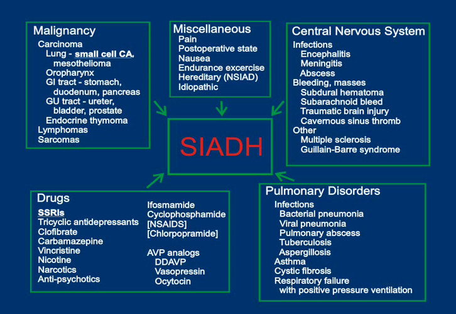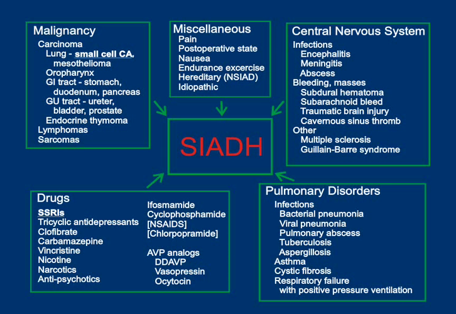Ecstasy, which is a profound serotonin agonist, will also increase vasopressin. Some of the drugs in this list are in parentheses. NSAIDs are one of these. NSAIDs don't really increase your vasopressin, but what they do is they increase your renal sensitivity to vasopressin. And we'll go through that physiology later today at lunch when we talk about a patient with exercise-associated hyponatremia who is taking an NSAID.